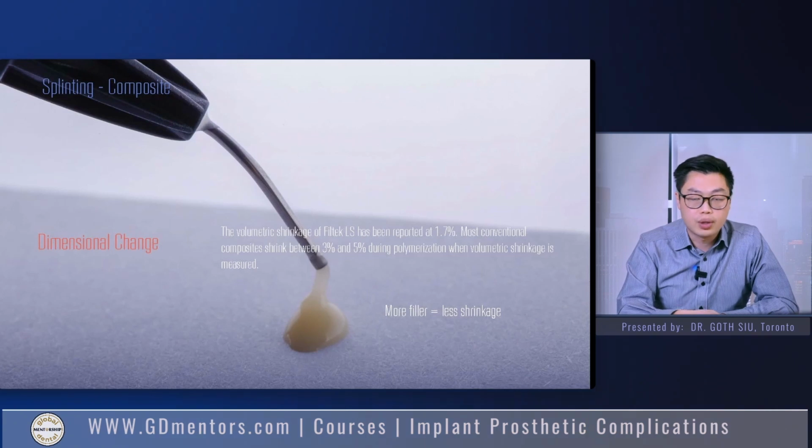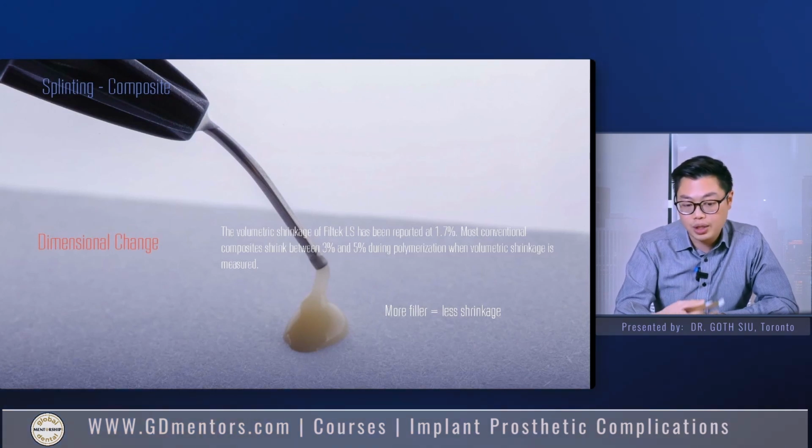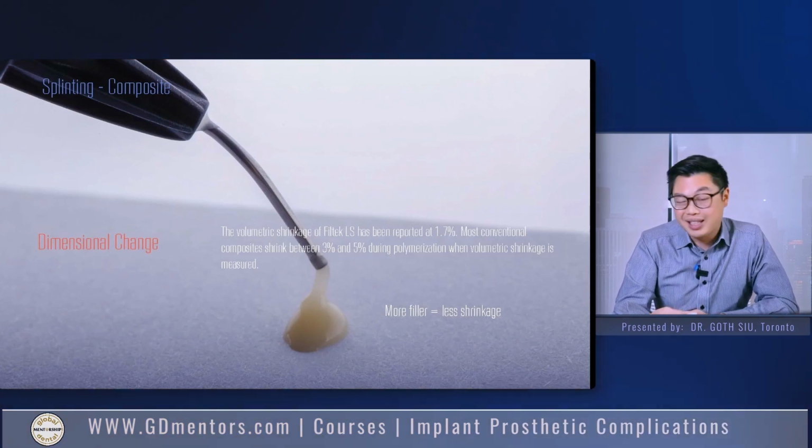So compared to pattern resin compared to Duralay, pattern resin actually shrinks less than Duralay. So we're using one of the two. Pattern resin by GC is better. Another is to use composite. So I use composite because it actually shrinks less.